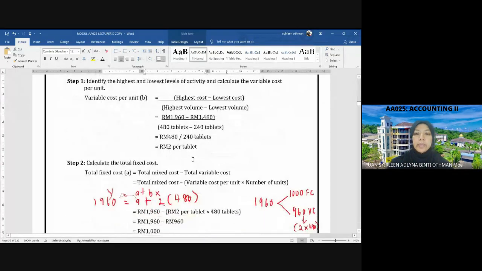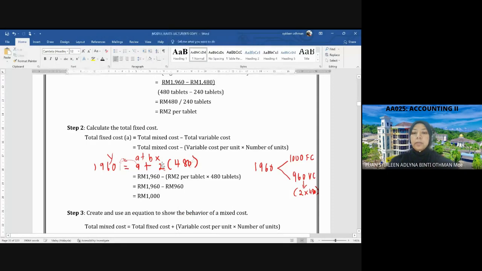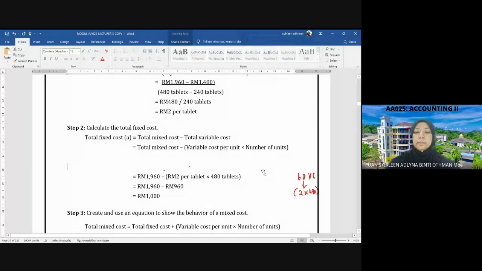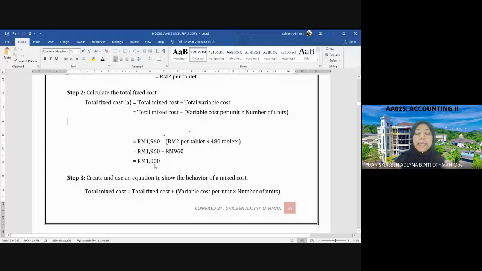Alright, okay, so now saya dah ada fixed cost saya 1000. Okay, so I can use the figures yang saya dapat tadi tu untuk bentuk cost equation. We call it cost equation.